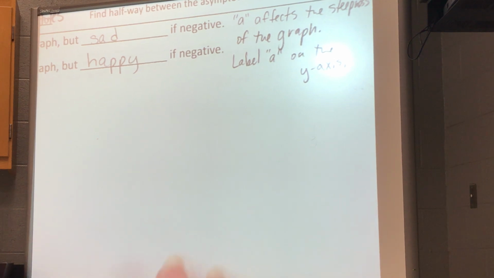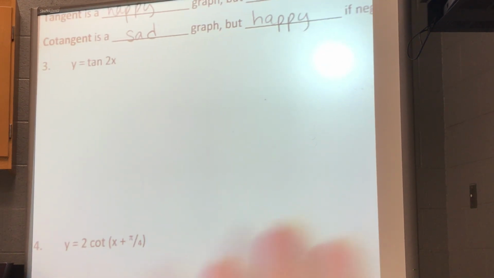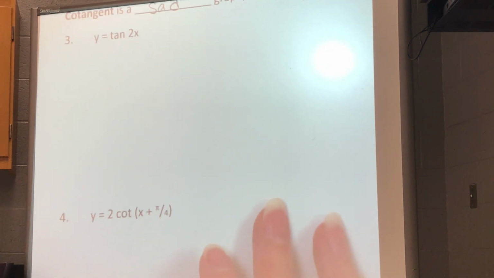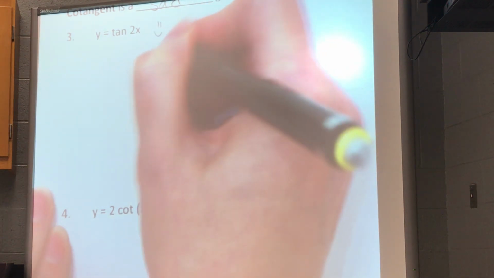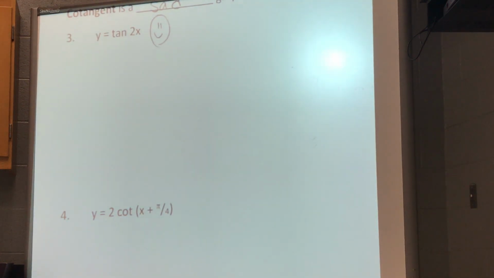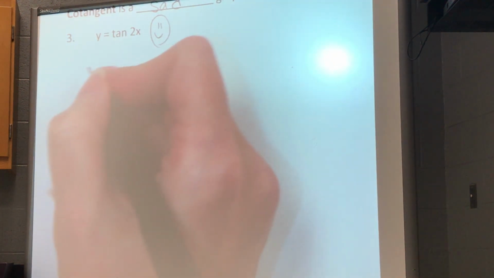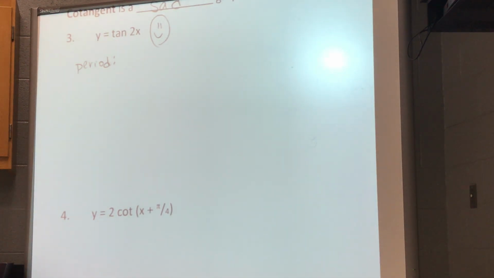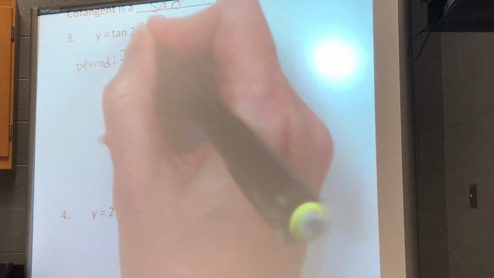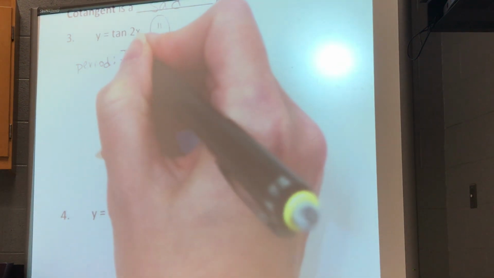Okay, so let's go ahead and do a few of these graphs. So for number 3, looking at that one, do you guys think this is going to be a happy graph or a sad graph? This is going to be a happy graph. All right, let's find the period. So when we're doing the period of tangent and cotangent, we take pi, and we divide it by the absolute value of the coefficient of x.